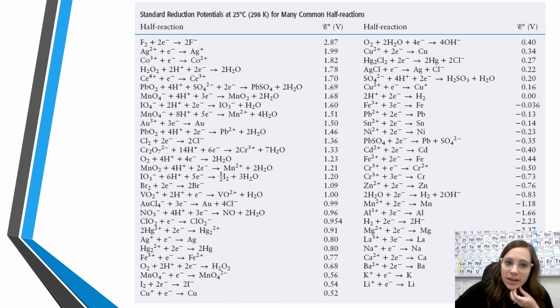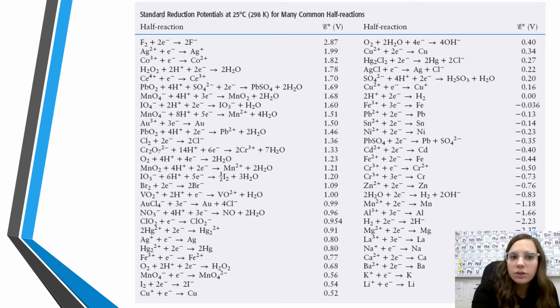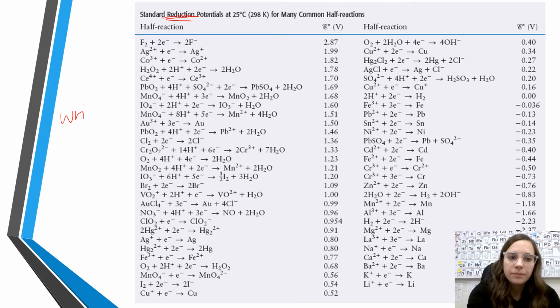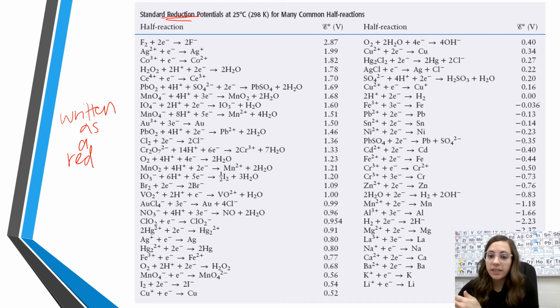So here's the table. As I mentioned, these are the standard reduction potentials, so a couple things that you need to notice. If they are standard reduction potentials, every reaction here is written as a reduction. Because it's what voltage that metal or ion or compound generates compared to the hydrogen electrode.